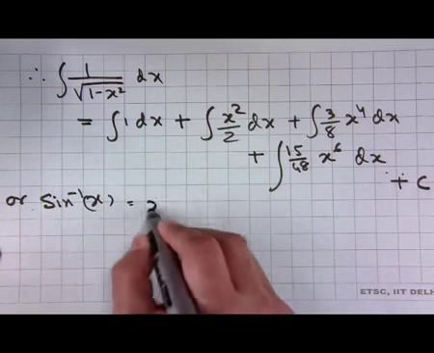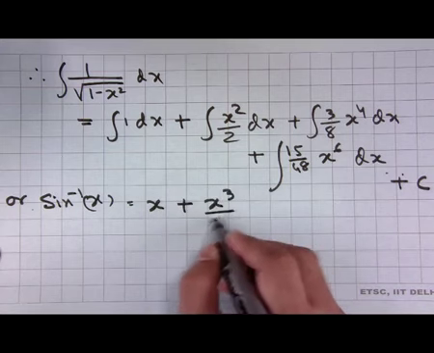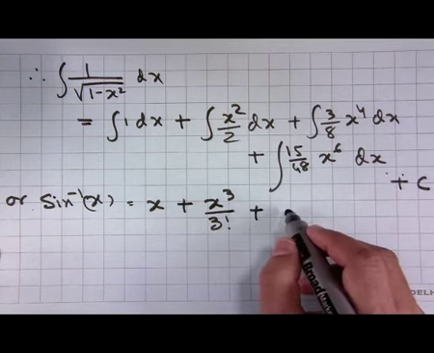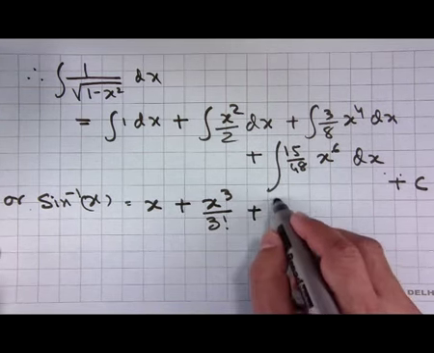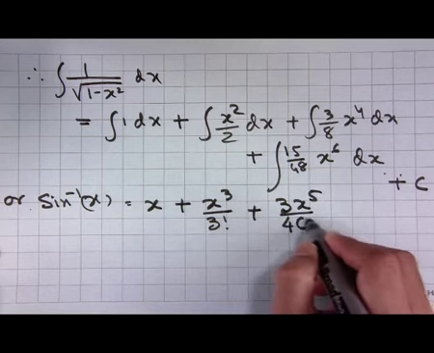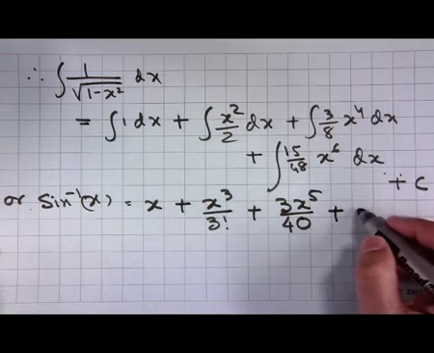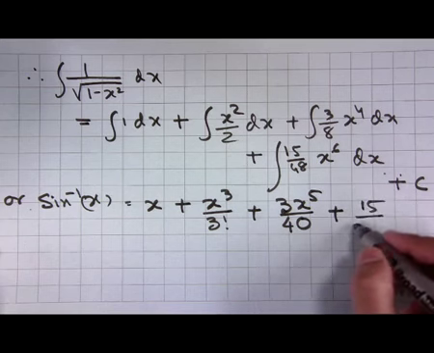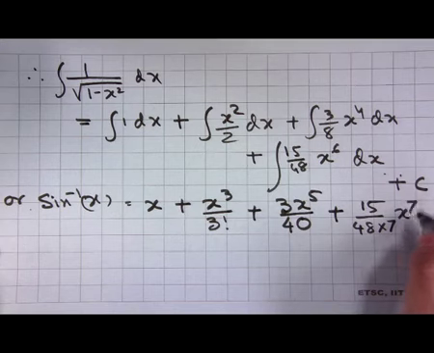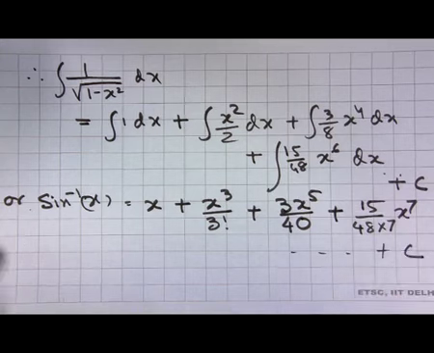is equal to x plus x cube upon factorial 3 plus 3 x to the power 5 upon 40 plus 15 upon 48 by 7 x to the power 7 plus c.